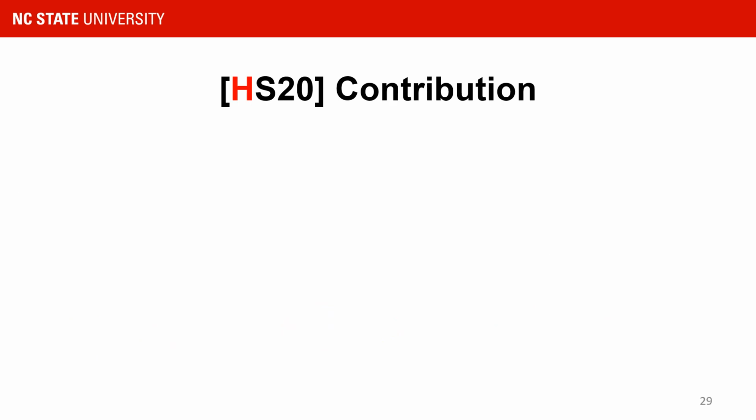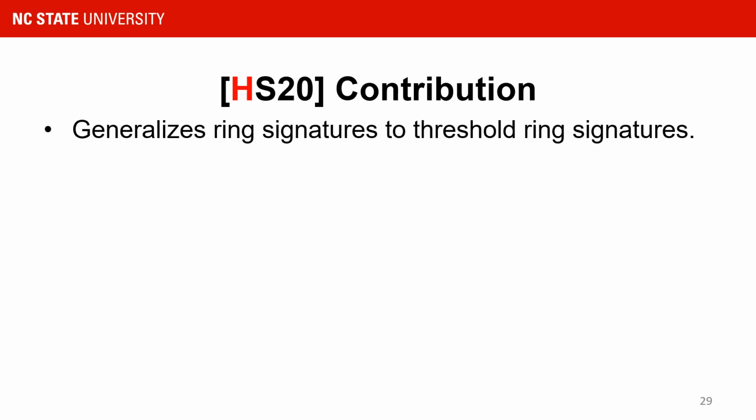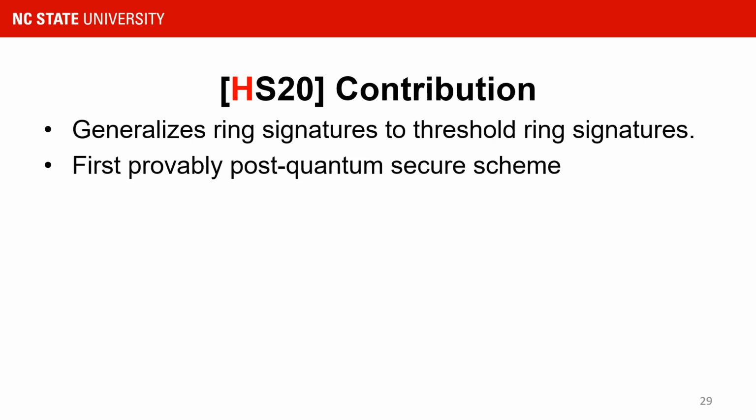My contribution to knowledge with this work is that I generalized definitions for ring signatures to the threshold ring signatures setting and allowed for an active adversary who could actually participate in the ring. It's also the first provably post-quantum secure scheme where I allowed the adversary to have quantum access to the random oracle and still prove that my scheme would be secure, whereas previous works didn't consider this.